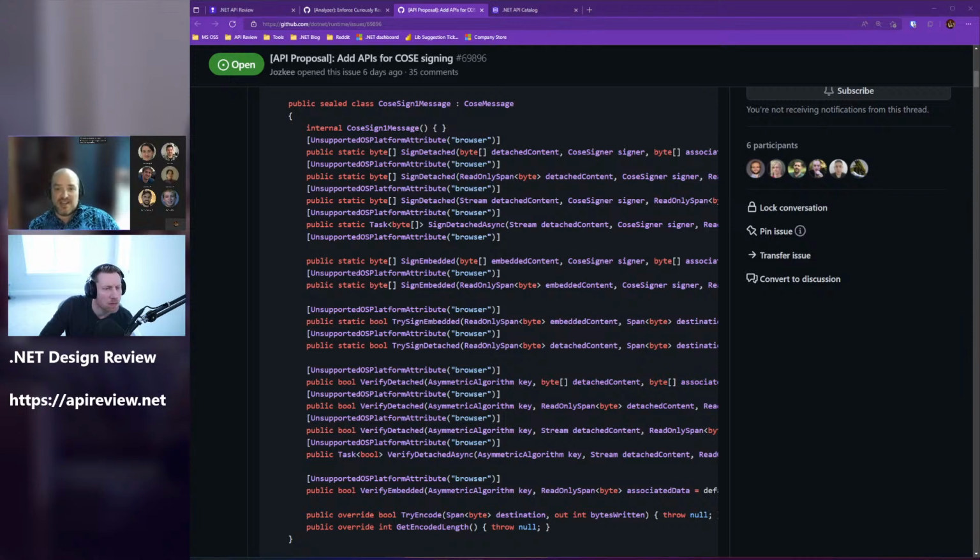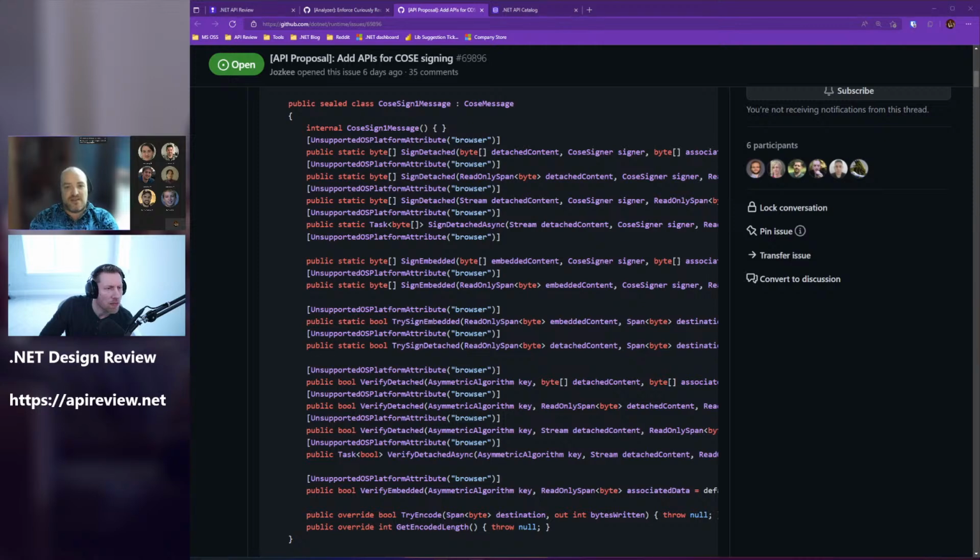So associated data here would be a nullable byte array. This is one of the glorious things in crypto where it does not care about the difference between null and empty, so we don't have to do wonky things with the spanified version.